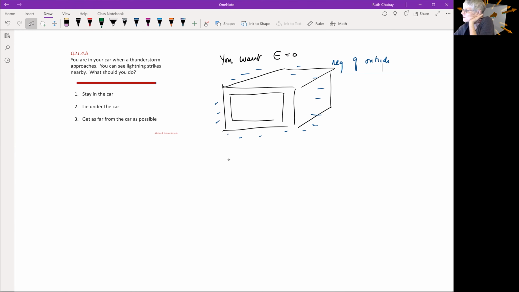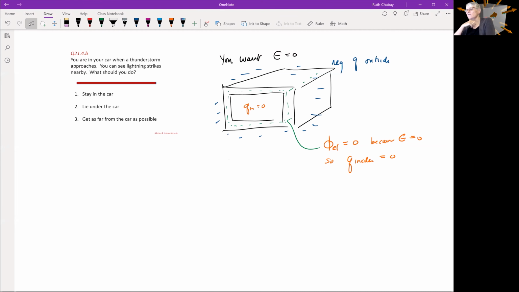if we draw a Gaussian surface through the interior of this metal box, we find that because we're in a metal box, the electric flux is 0 because E is 0, which means that the charge inside is 0.